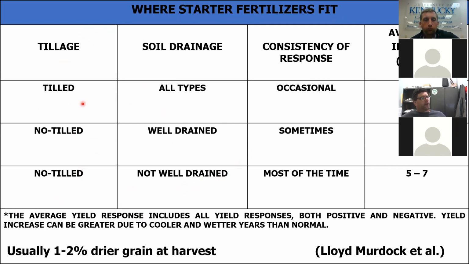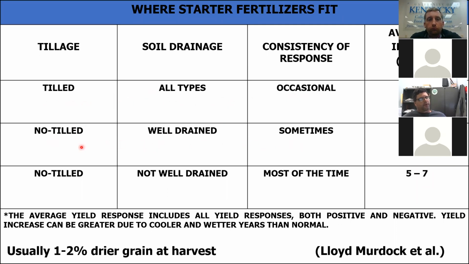If we have tilled soils, regardless of the drainage, they occasionally saw a yield increase, and when averaged over all the sites, locations and years they had, maybe a 1% yield increase. No-tilled, well-drained, sometimes. This should be the warmest soil. The water is drying out quicker, and the soil's warming up faster.